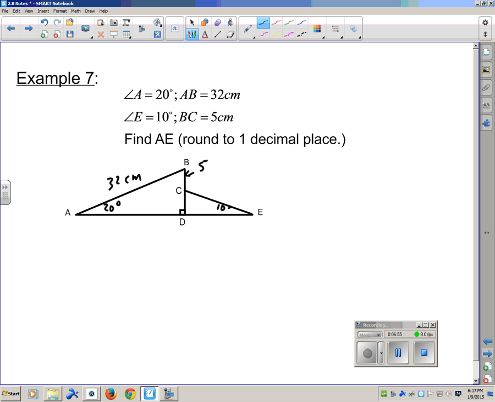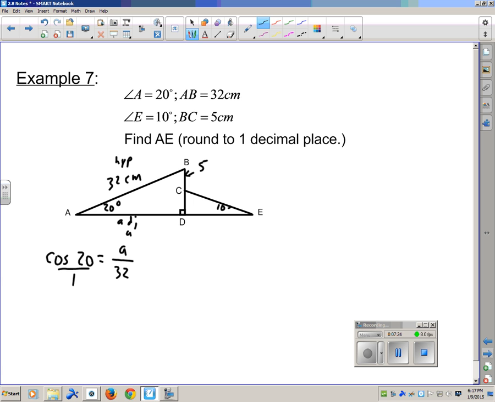So I am going to have to find AD in here, and I can easily find AD because I have my hypotenuse for this triangle over here, and I know this adjacent side, so I could use cosine. So cosine of 20 is equal to my adjacent, which I don't know, so I'm going to call this AD, over my hypotenuse, which is 32.